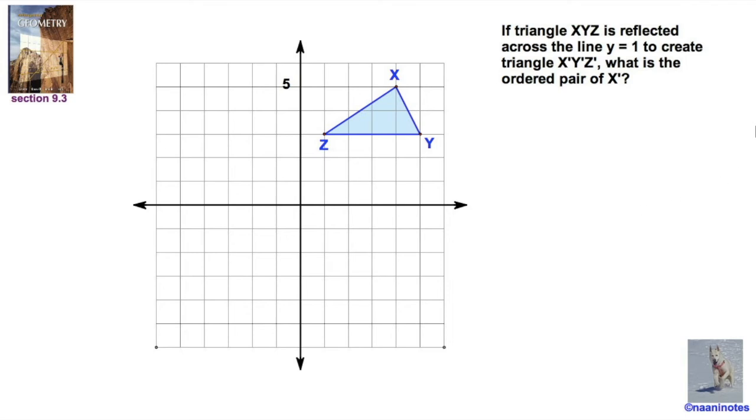Now, by comparison, this vertical line would be x equals 1. All the values along here: x is 1, y is negative 1, y is 2, y is 5. And by comparison, this is the line y equals 1. Y equals 1 is a horizontal line.